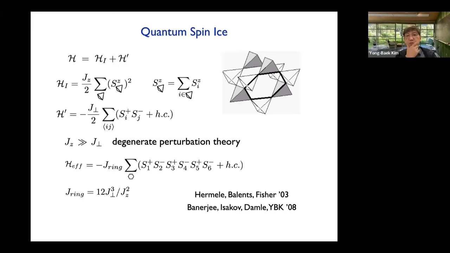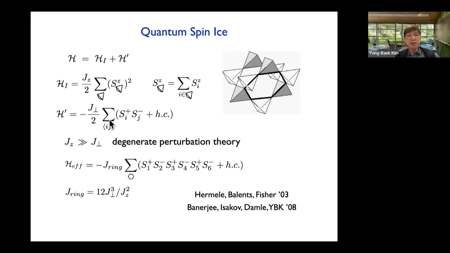Okay, so we are all familiar with quantum spin ice. We start from an Ising model on the pyrochlore lattice, and we can write this model in terms of a cluster spin on each tetrahedron. The classical spin ice manifold is defined by setting this cluster spin to be 0, so we have a two-in-two-out configuration for a tetrahedron. Then we introduce a transverse spin exchange interaction, which generates quantum dynamics.